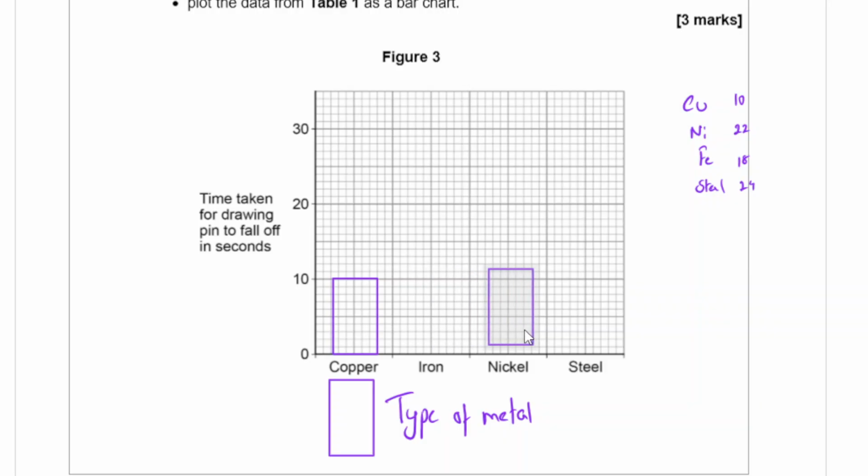So nickel is 22, so it doesn't go in the same order as in the table.